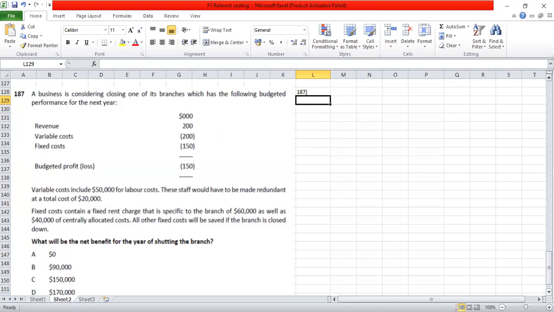Fixed costs contain a fixed rent charge that is specific to the branch of 60,000 as well as 40,000 of centrally allocated costs. All other fixed costs will be saved if the branch is closed down. Total fixed cost is 150,000. Out of that, the fixed cost contains a fixed rent charge of 60,000 as well as 40,000 of centrally allocated costs.